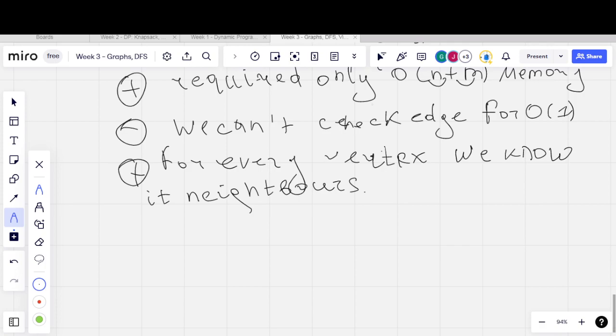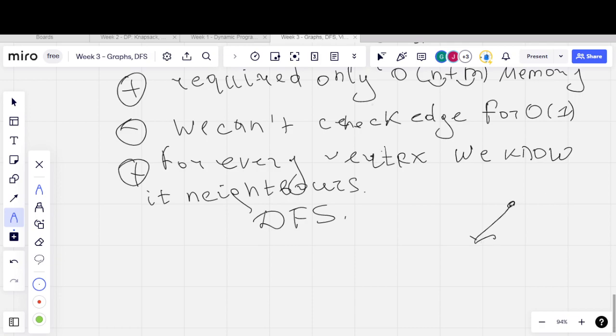So the next will be DFS. We considered DFS in the previous semester, but it was on trees.